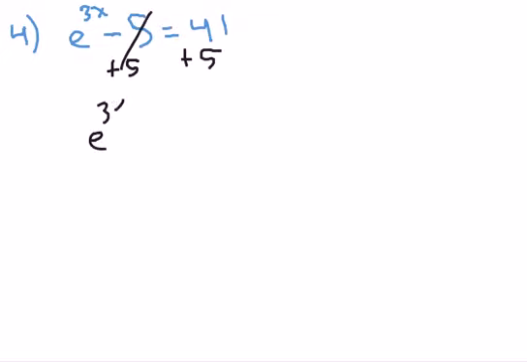And this one we're going to use Euler's number e. We'll say this is equal to 41, okay? Same idea. So I'm going to go ahead and add 5 first. Okay.